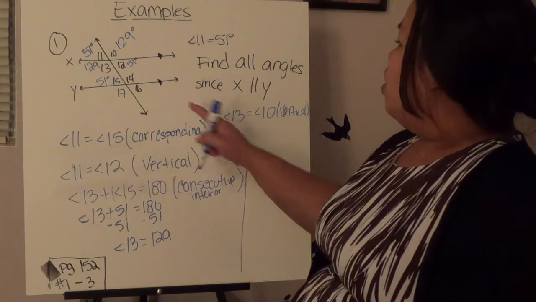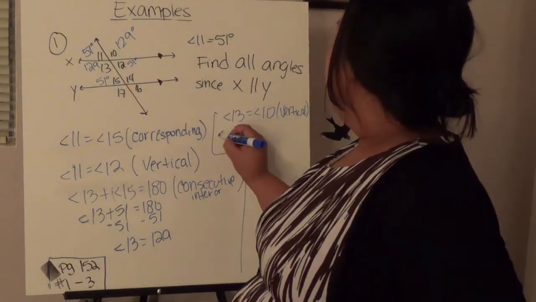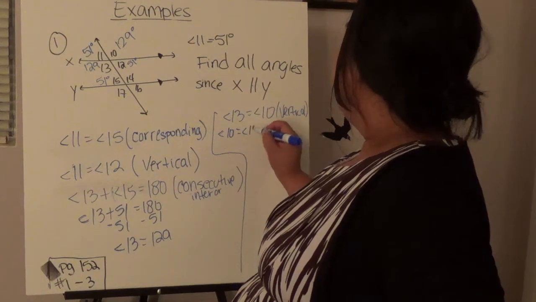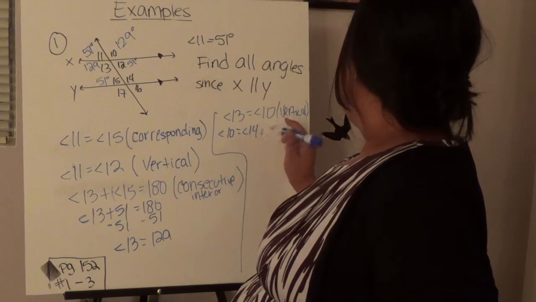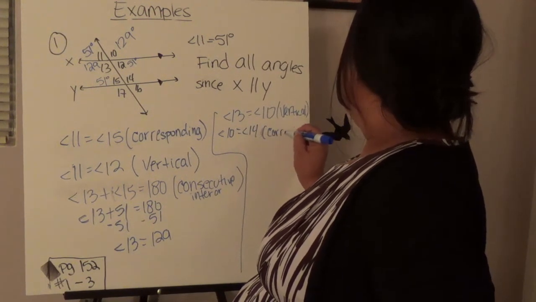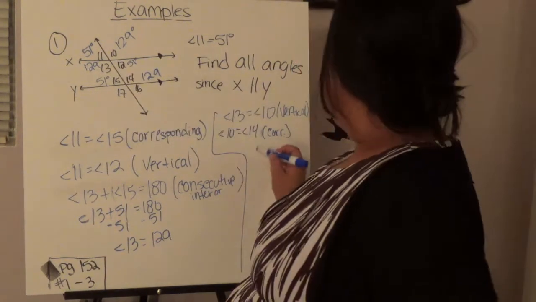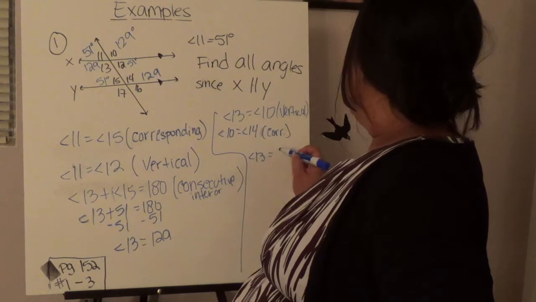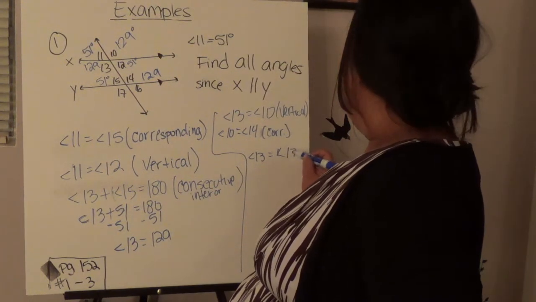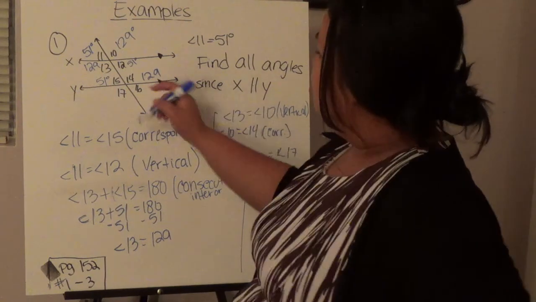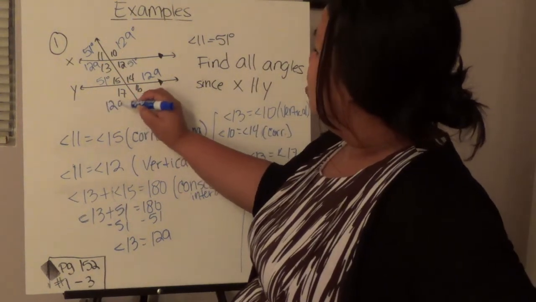So we know that angle 10 equals angle 14 because it's corresponding. So this is 129. We know that 13 equals angle 17 because it's corresponding, bottom left for each line. So this is also 129.